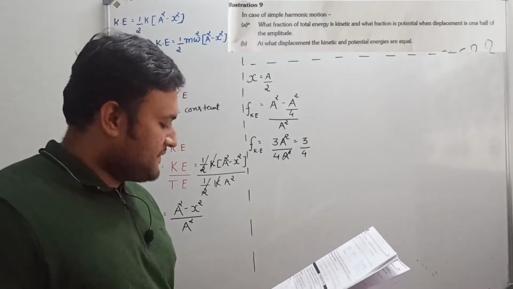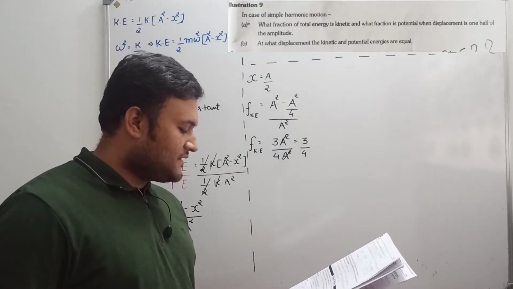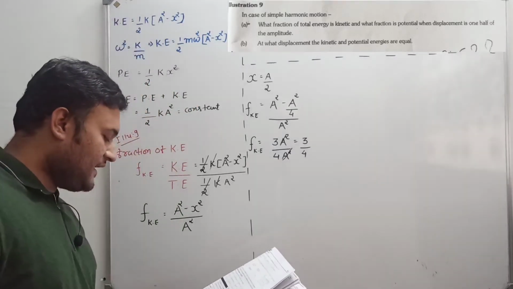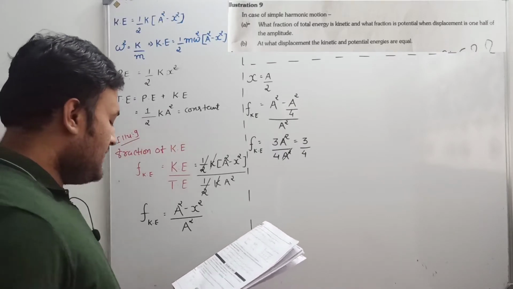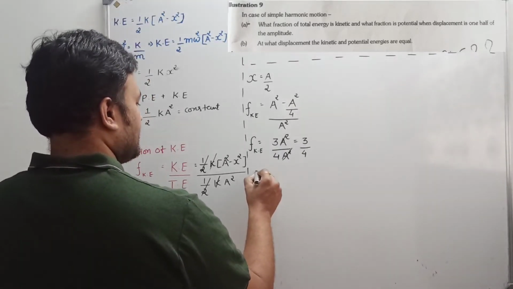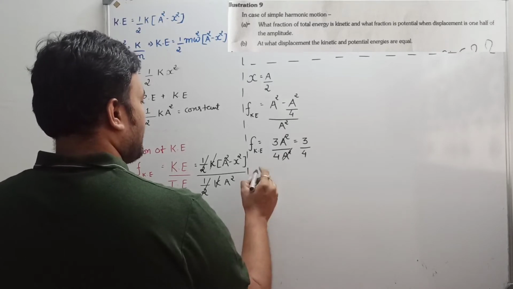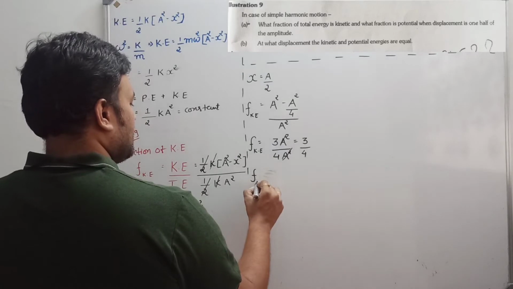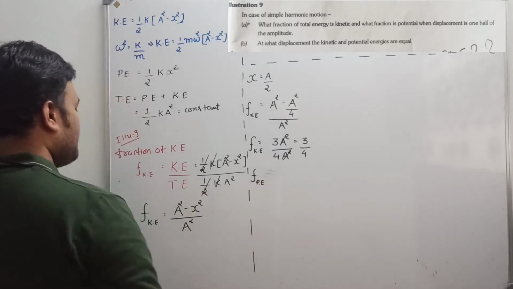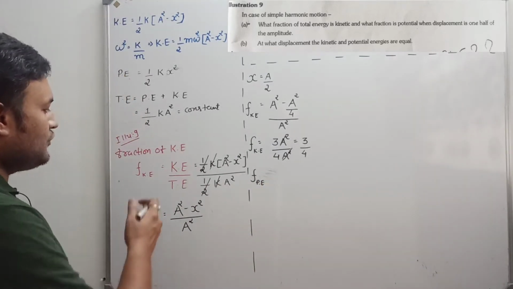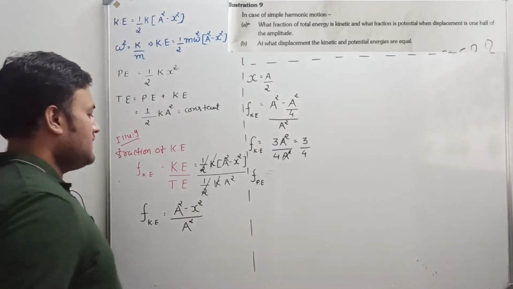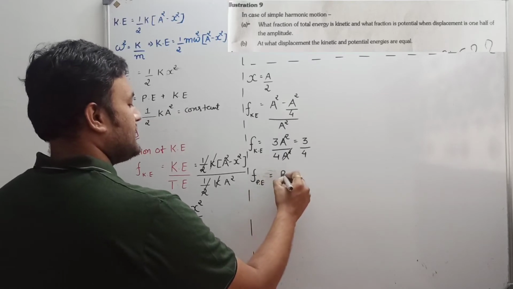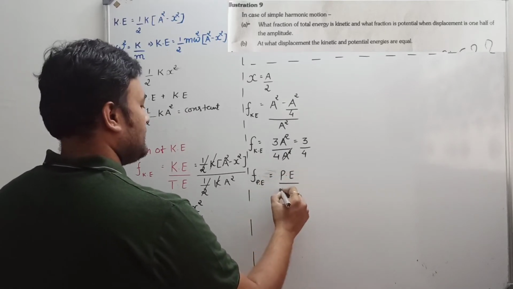At what displacement are the kinetic and potential energies equal? So we have to find that out. Now I want to find the fraction of potential energy. This is very simple. As we found the fraction of kinetic energy as kinetic energy upon total energy, here it is potential energy upon total energy.